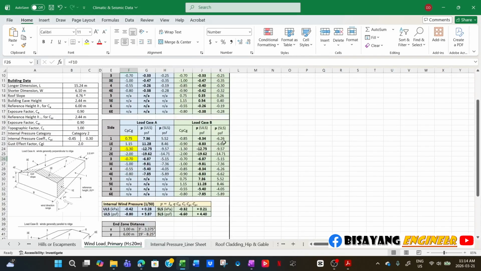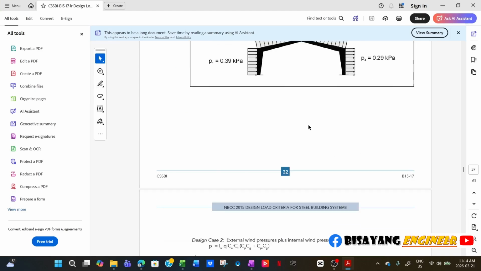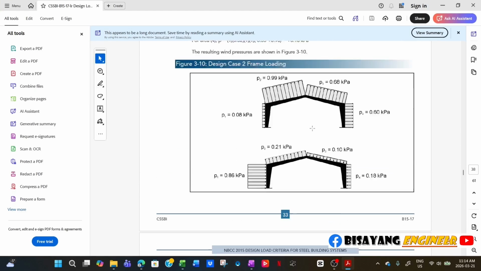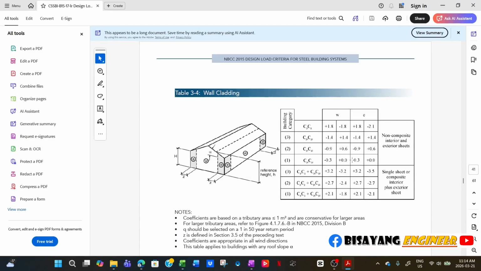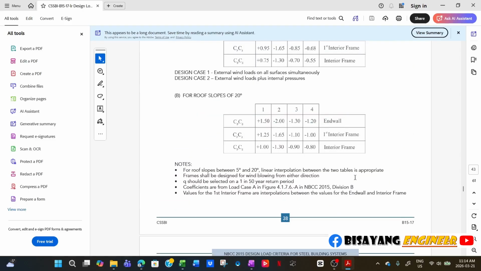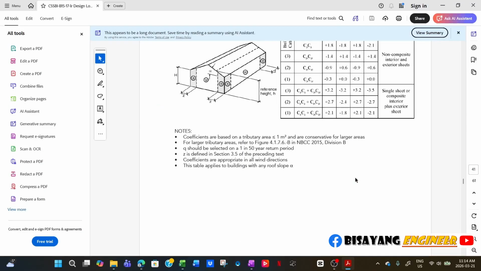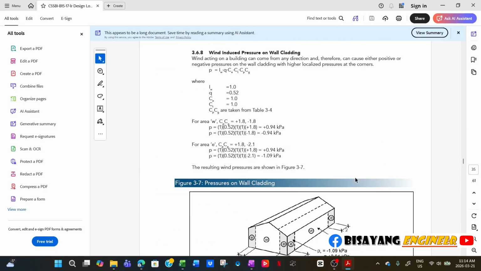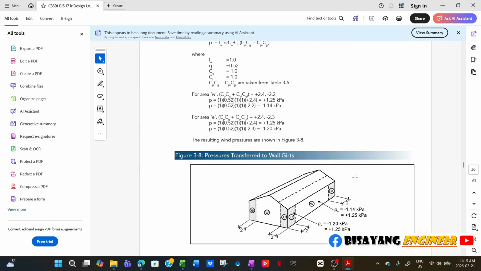So basically, all you have to do is look in the table in the building code. There is that table that gives you the value of the CpCg. This one here. Where is it? Where's the table?